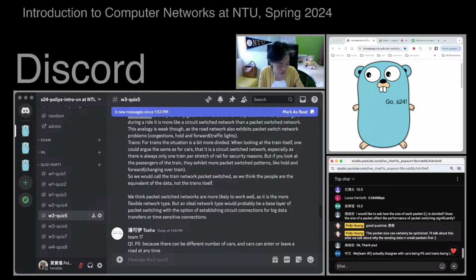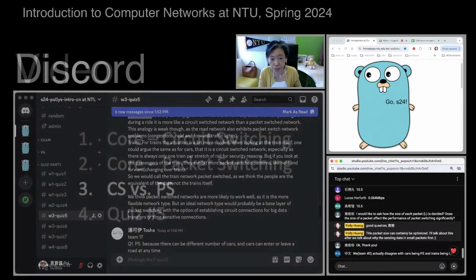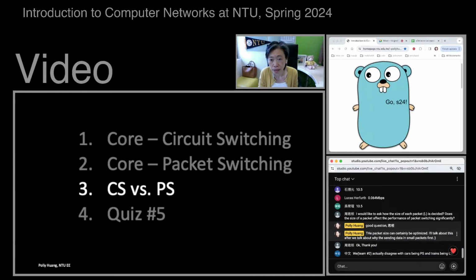Before we start the lecture, there are a few questions. For example, Junhuan was asking, packet size is something that we can decide, and is there an optimum size such that the efficiency will be the best? I'll talk about this after I introduce why packet size needs to be small.